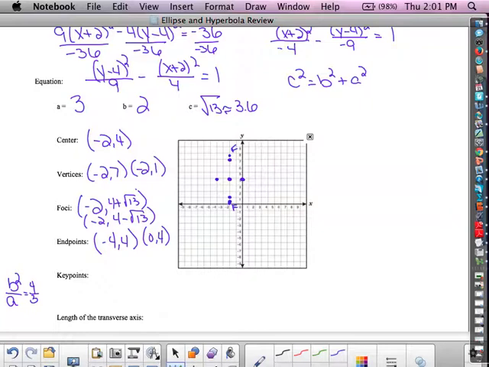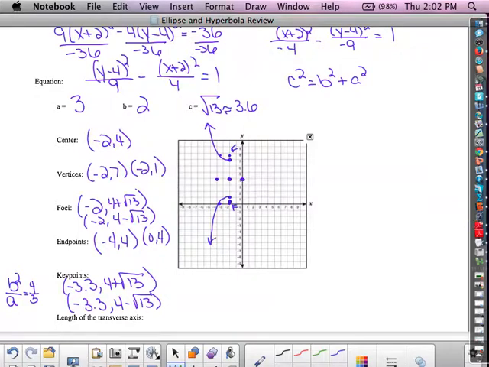So they're going to go from minus 2 to minus 3.3, and 4 plus root 13, and then minus 3.3, comma 4 minus the square root of 13. So right about here, and right about here. Remember, this is going to go like this, like this.